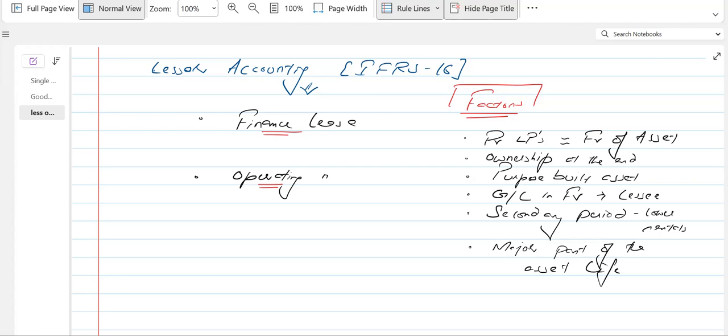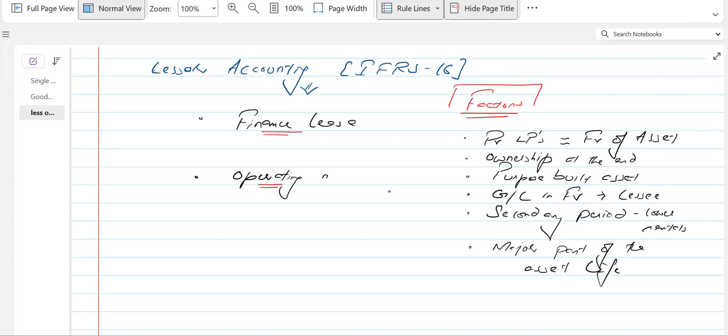So remember, based on these points, we used to determine whether it is an operating lease or a finance lease. And if it is a finance lease, then the lessee is going to record the asset, and the lessor is going to record a receivable.